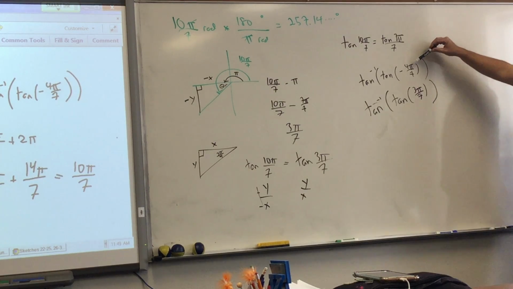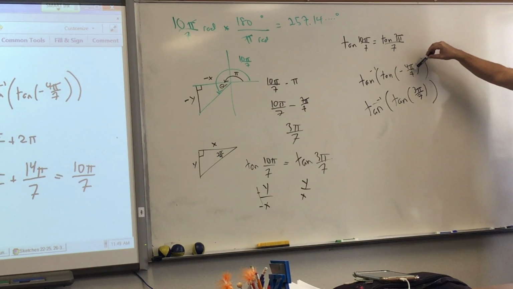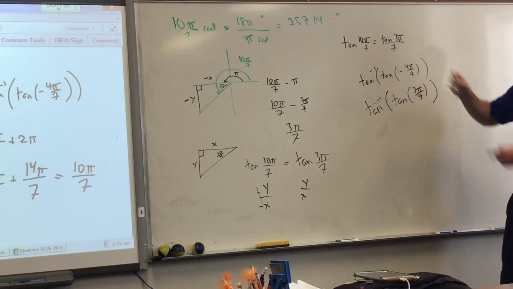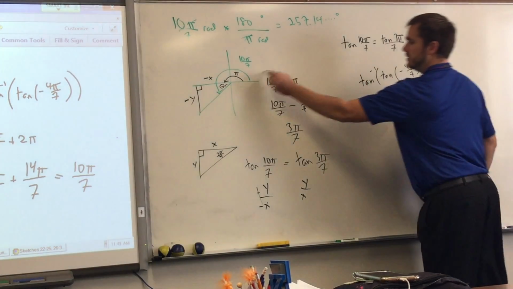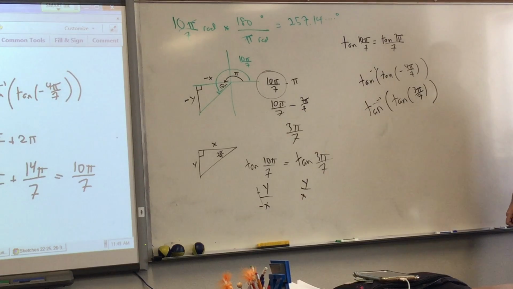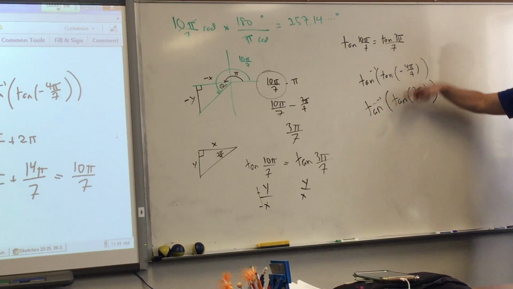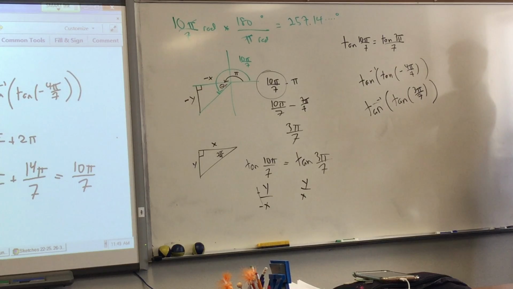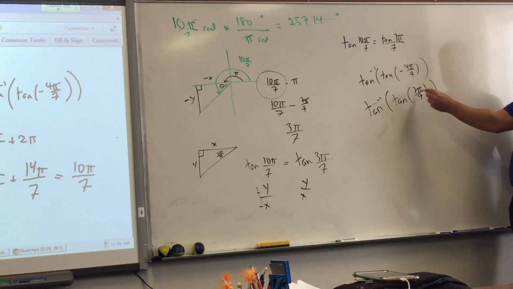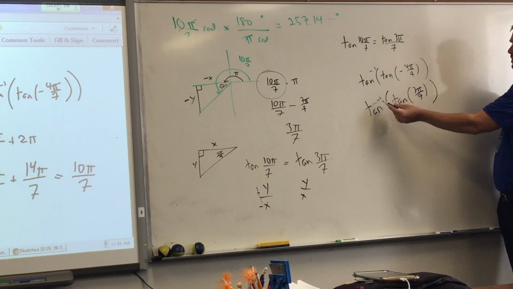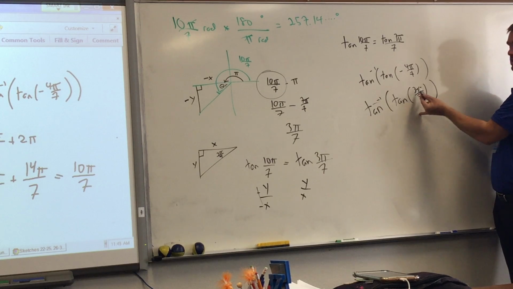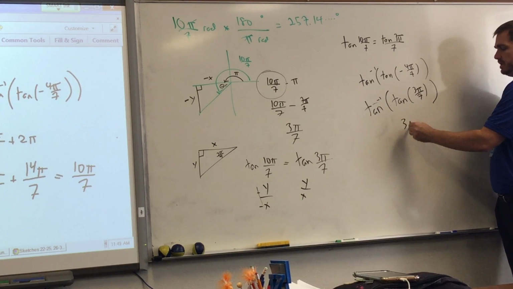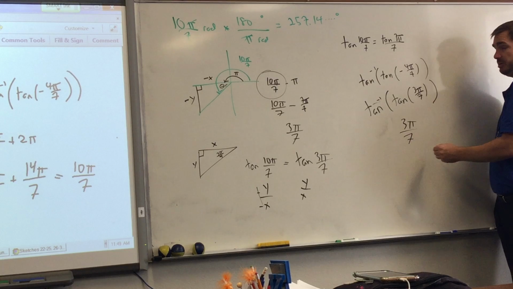So what we said is negative 4 pi over 7 is equal to 10 pi over 7. And we said that the tangent of 10 pi over 7 is the same thing as tangent of 3 pi over 7. And so now 3 pi over 7 itself is in the first quadrant. So we're saying what's the inverse tangent of the tangent of 3 pi over 7? And the answer is 3 pi over 7?